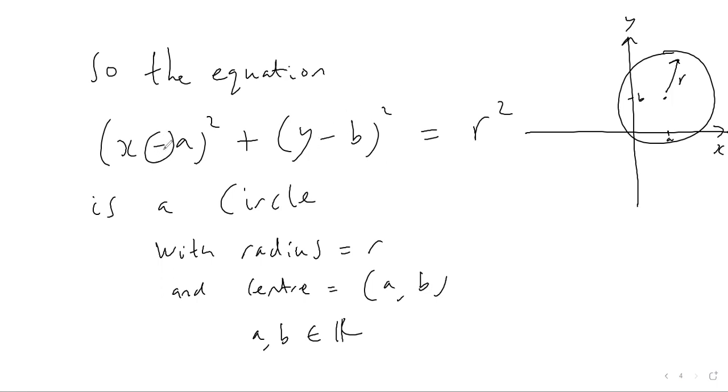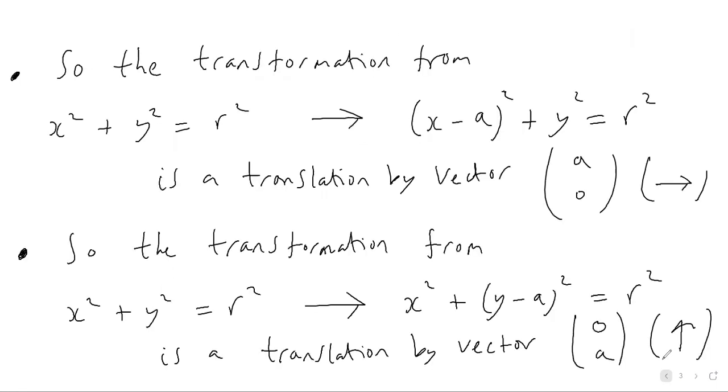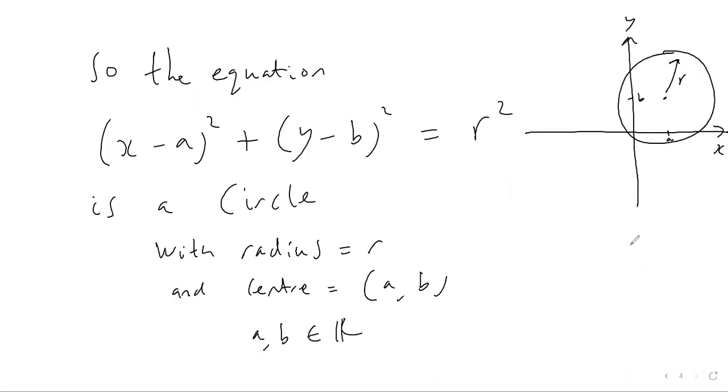If that was a positive sign with x, then it would be going to the left by a units, and if that was a positive sign with y, the circle would be shifting down by b units. That's the key thing to realize, just by using these facts about transformations of graphs. So this is just a quick video on how you can write down the equation of a circle with an arbitrary center rather than a center just at the origin.